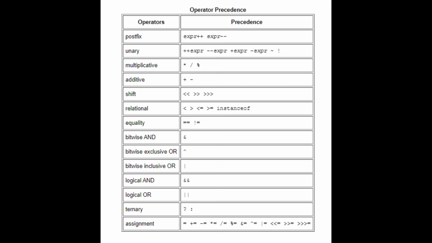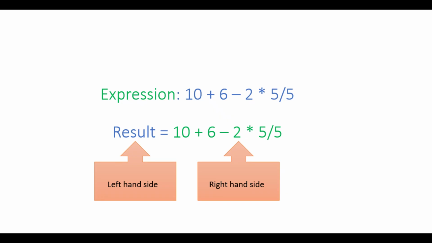All binary operators are evaluated from left to right except assignment operators. For assignment, we have seen we assign some value from the right side to the variable on the left hand side. If the right hand side contains any expression, then it will be evaluated first before assignment.